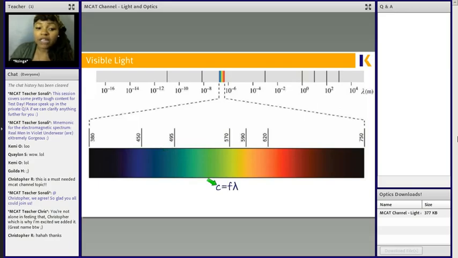We also want to think of it in terms of how it relates to our speed. So we have c is going to be equal to the frequency times the wavelength. And by the way, when it comes to the speed of light, that's something that the MCAT wants you to memorize. So you tell me, what's the speed of light?